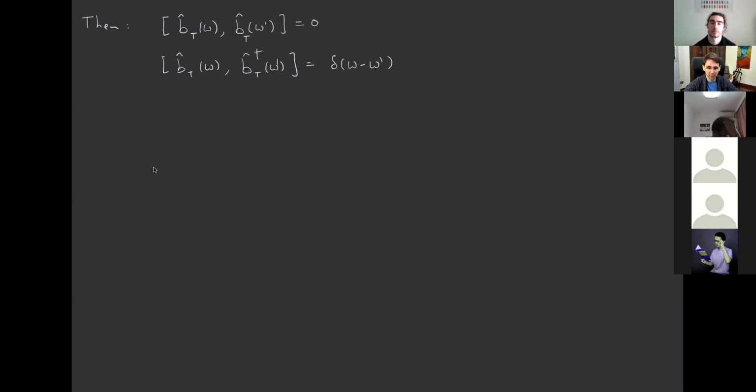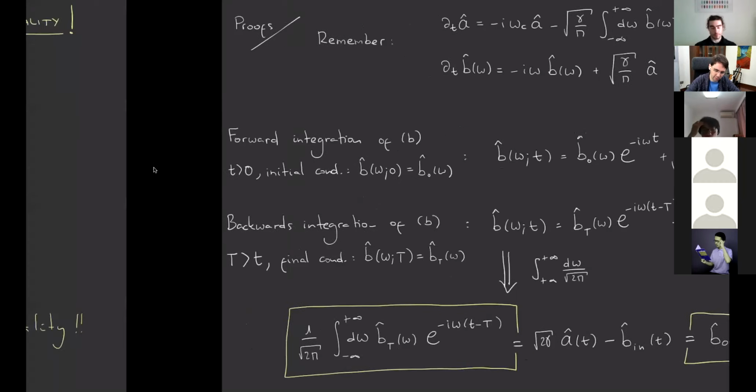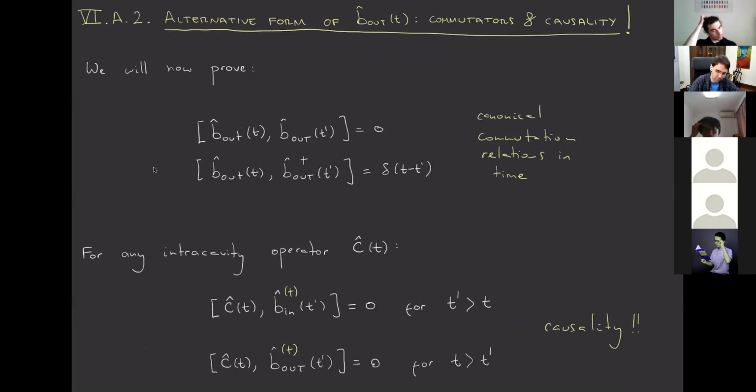Okay? So you know that at equal times, the external operators satisfy these canonical commutation relations in frequency.